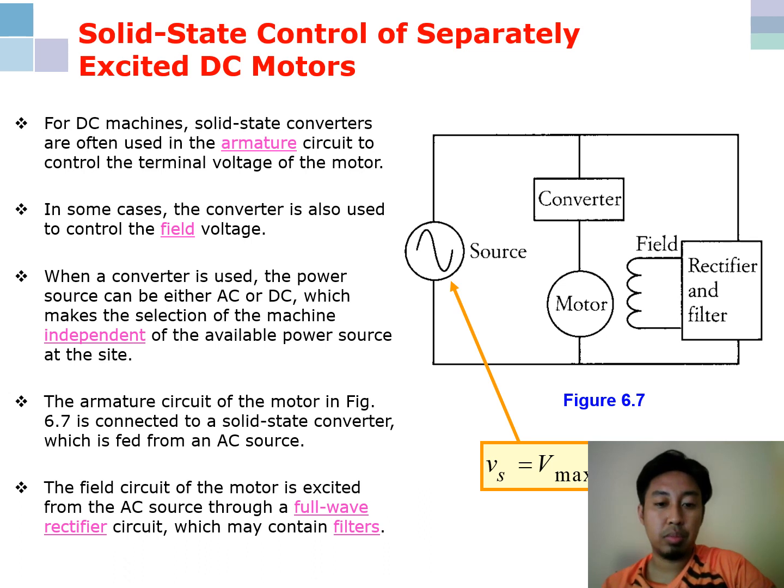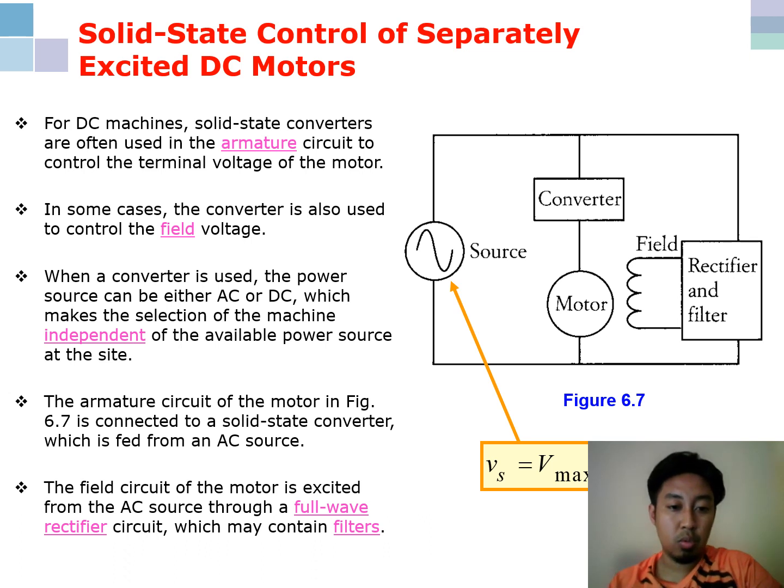By controlling the terminal voltage, the converter can control the speed of the motor. In some cases, the converter is also used to control the field voltage, which is the other part, the field circuit.